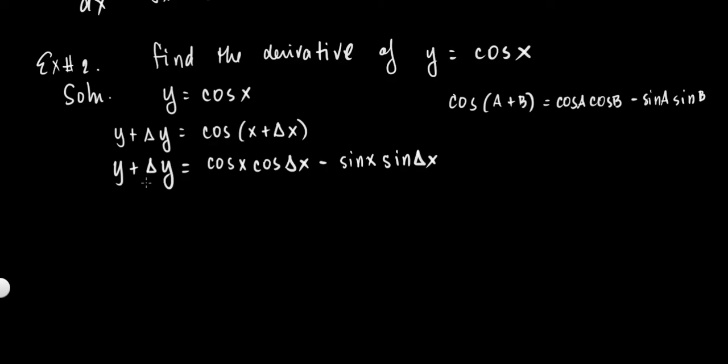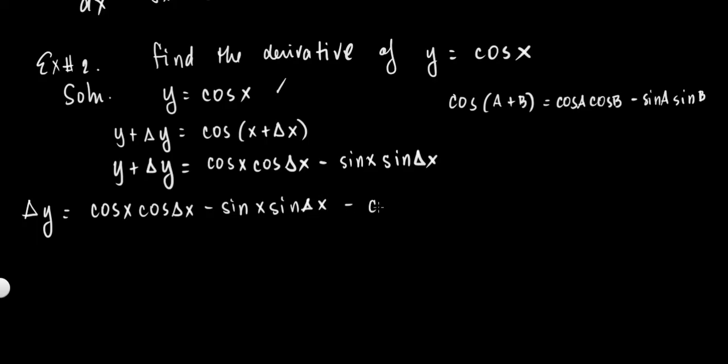Then we solve for delta y. We transpose y to the other side. And y is cosine x. Okay. So I'll write here, delta y is equal to cosine of x times the cosine delta x minus sine x times sine delta x minus cosine of x. Okay.